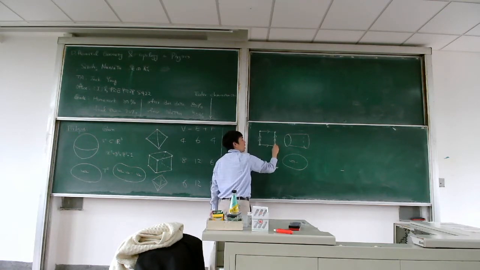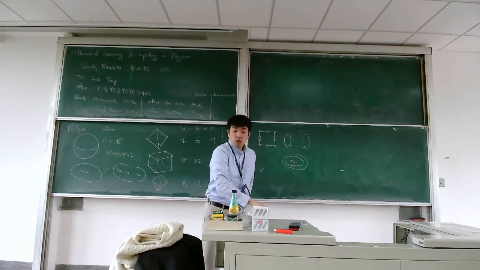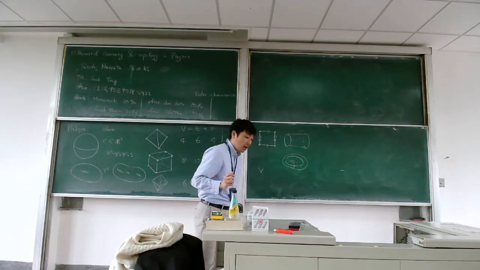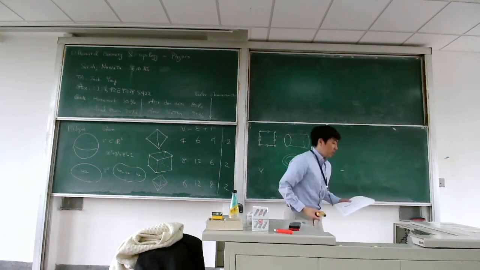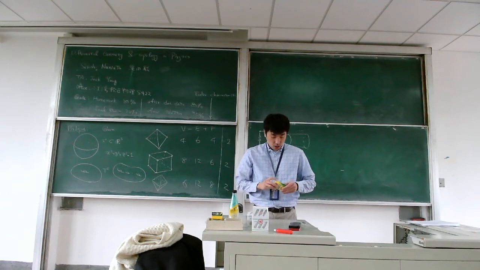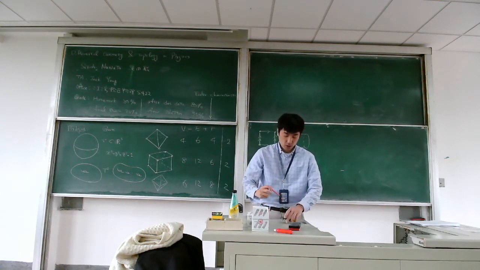So these points are the same point, which means the cell decomposition has one vertex.